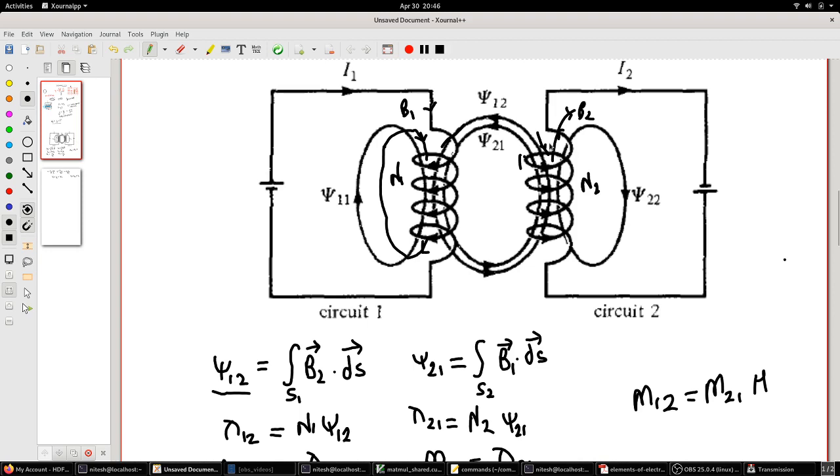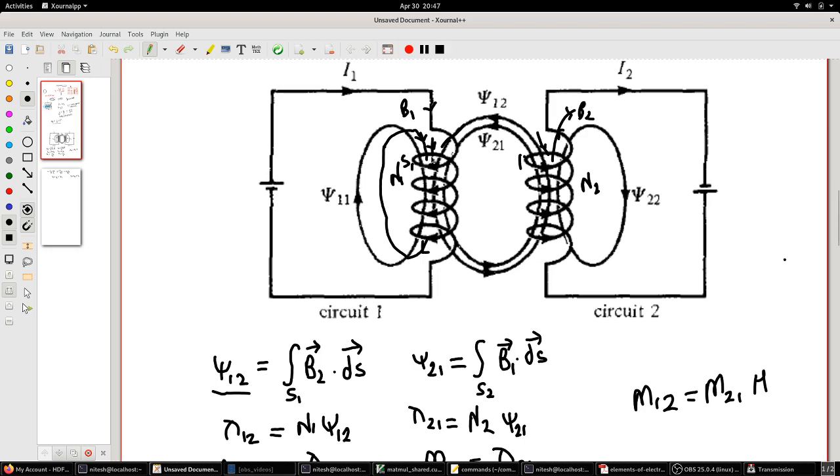Now B2, which is generated by this current, passes through this particular coil, so the flux is the integral of B2 dot ds over S1. All the loops are identical.